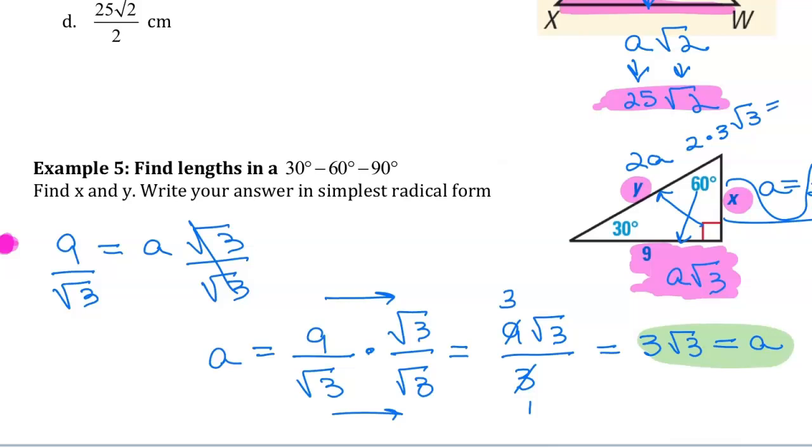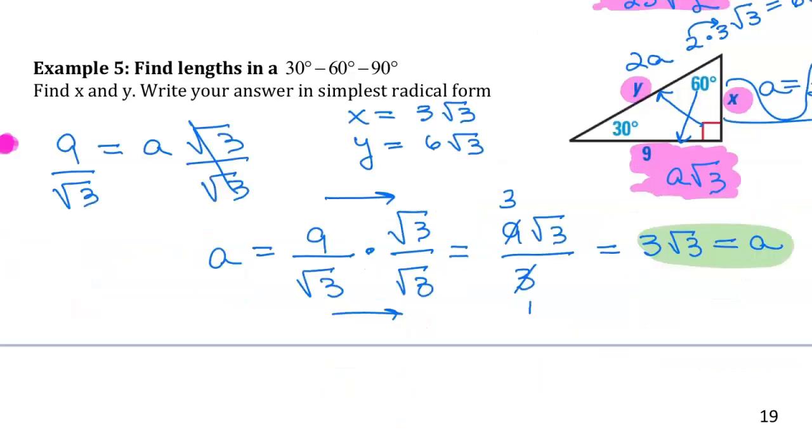Well, to multiply that, you multiply the 2 times the 3 only, and you get 6 root 3 as your final answer. So what have I found? I have found that X equals 3 root 3, and Y equals 6 root 3. Okay, and I learned some things about multiplying radicals.